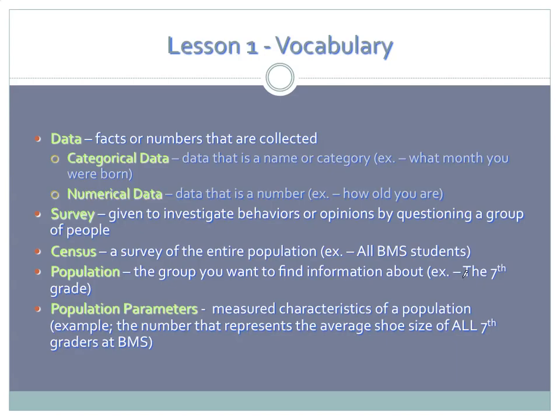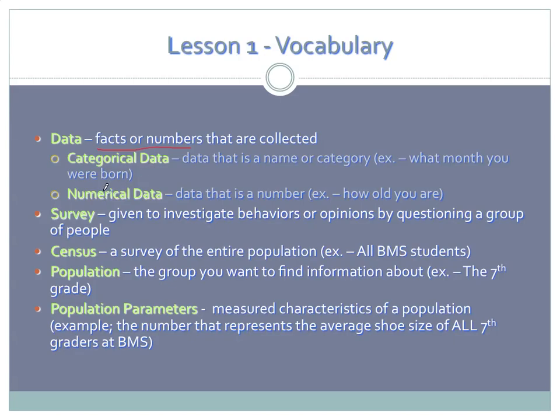The first term we have is data. Data are facts or numbers that are collected. Basically data falls into 2 categories. We have categorical data, which is data that names a category or a name. For example, what month you were born, your favorite color, your favorite food, are categorical data because it puts you in a category.